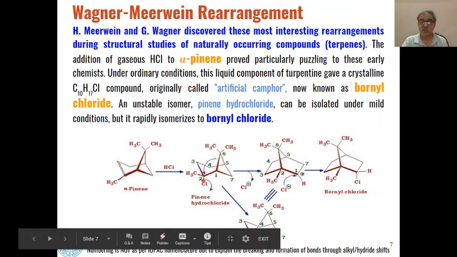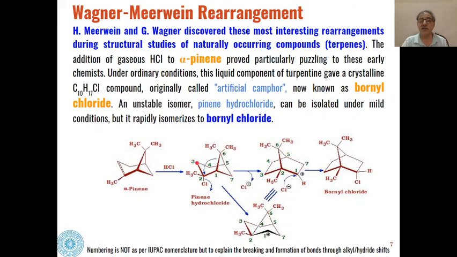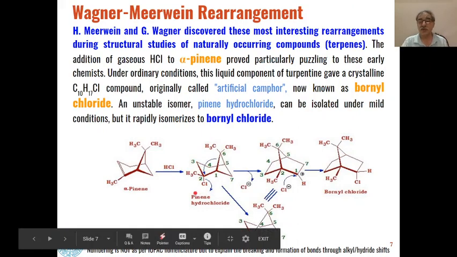That means the chloride ion will get attached to this place, and H will go to this carbon, and we will get this type of pinene hydrochloride. And then this pinene hydrochloride loses the chloride ion, and we will get a carbocation of this type.